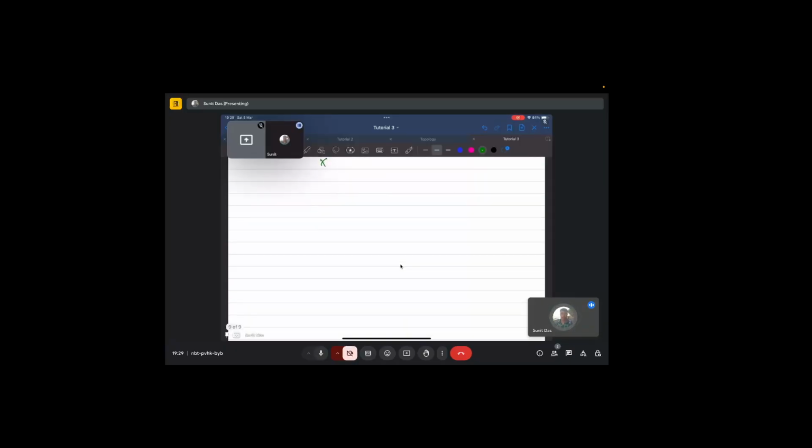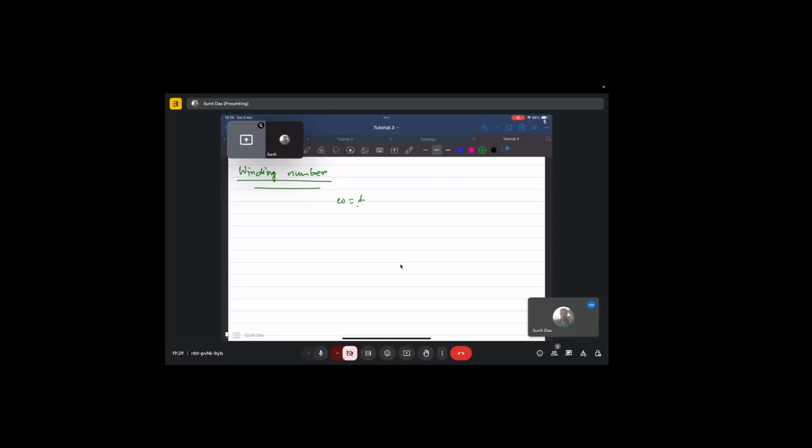So the winding number is defined as omega equals 1 by 2 pi, integrated from 0 to 2 pi or minus pi to pi, whatever you want to take.